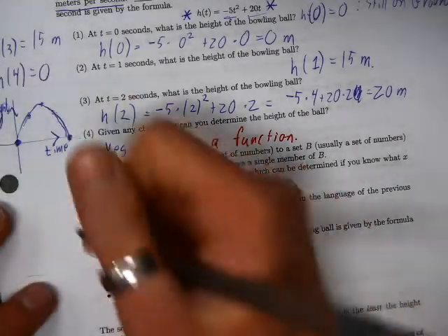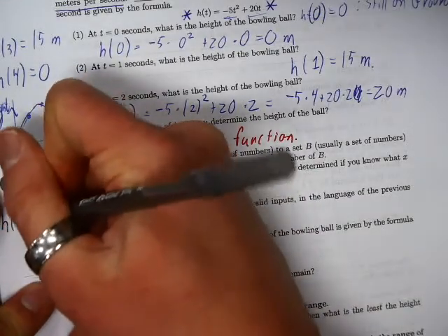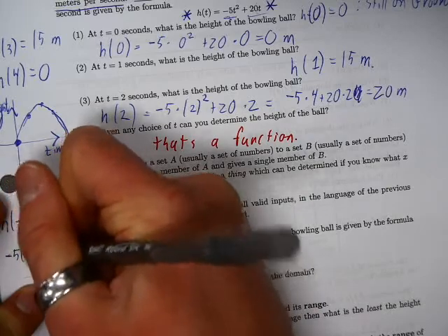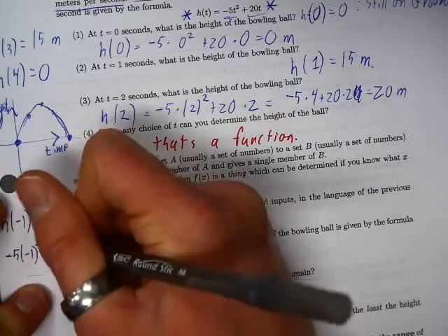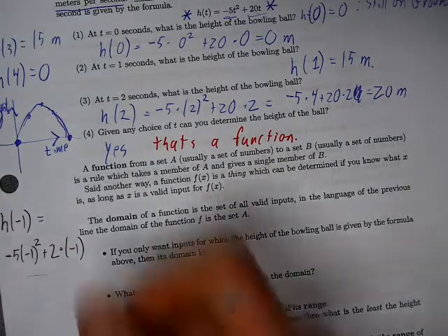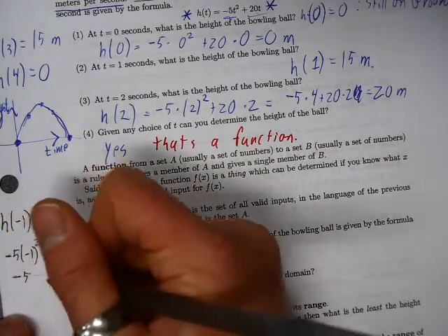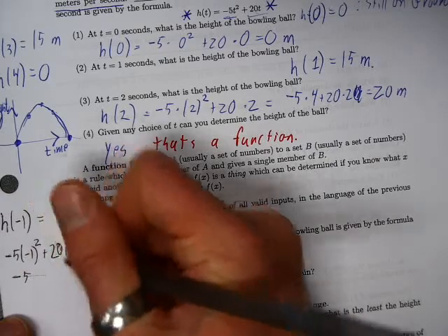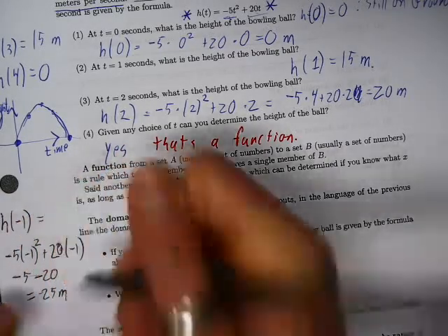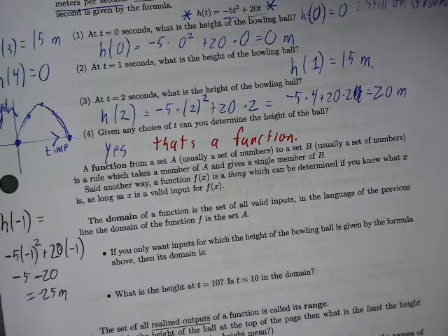Let's see what happens when you try to plug in h of -1. So that'll be -5 times -1 squared plus 20 times -1. So this formula predicts that a second before you've thrown the ball, it is 25 meters below the surface of the earth, which is nonsensical.